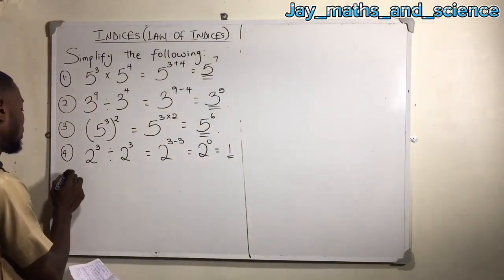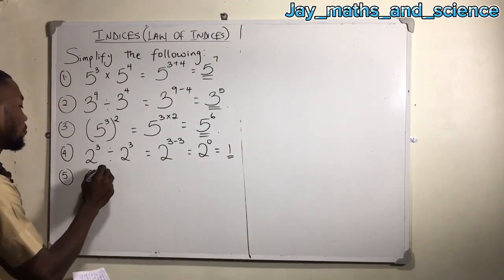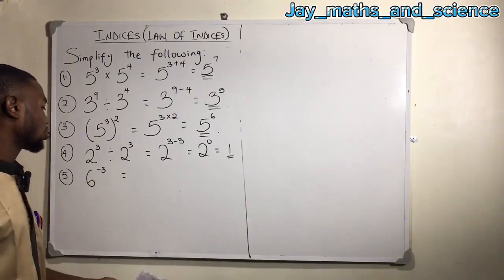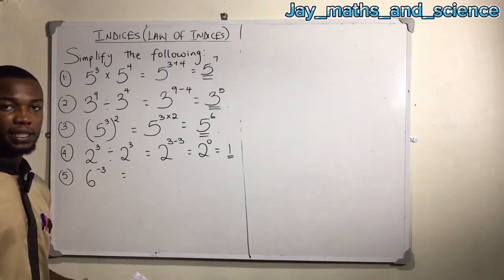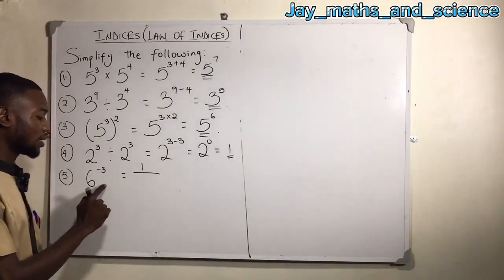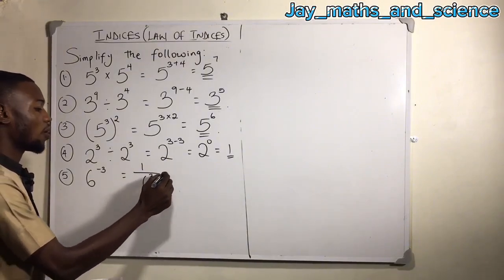So let's move to the fifth one. We have it to be 6 raised to the power of minus 3. If you can still remember, I told you that anytime you come across a base raised to the power of a negative number, that's going to be 1 over. Then the 6 is going to be raised to the power of 3. So we have it to be 6 raised to the power of 3.